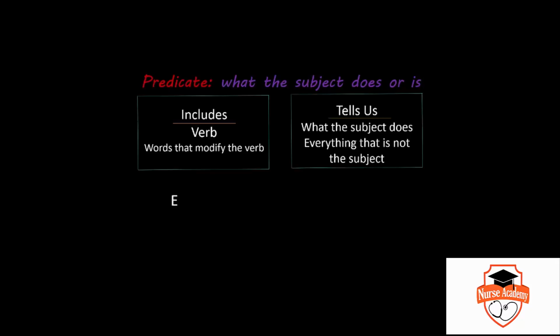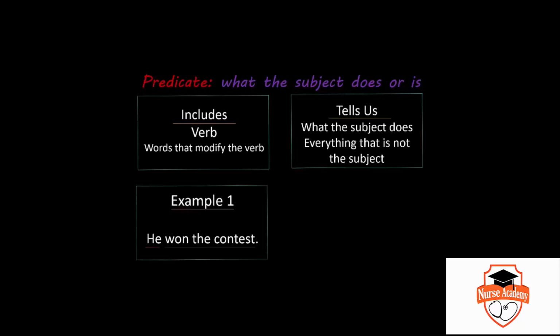So let's go over some examples. So the first example that we can go over is, he won the contest. So the subject in this instance would be he, and the predicate would be won the contest. So remember, everything that is not the subject is the predicate. So won the contest is your predicate. So there's example 1. So let's go over a second example.